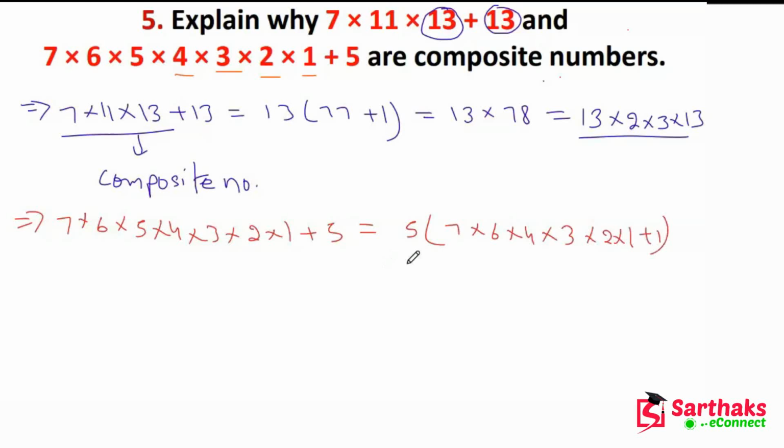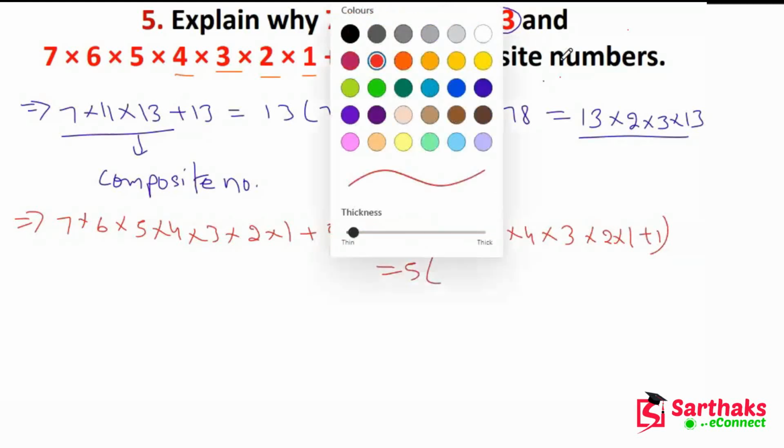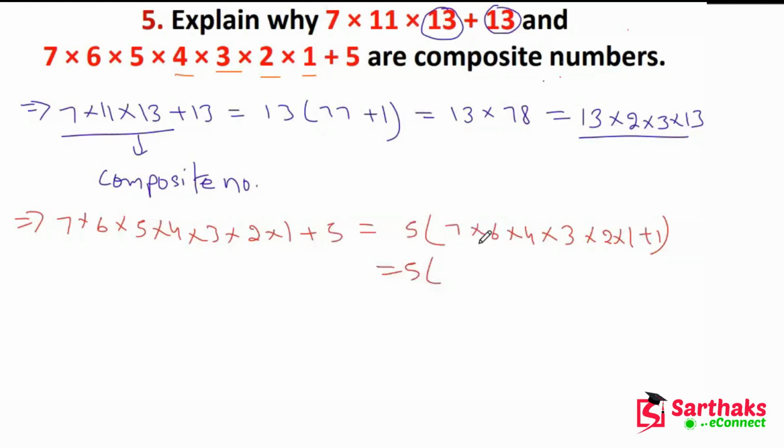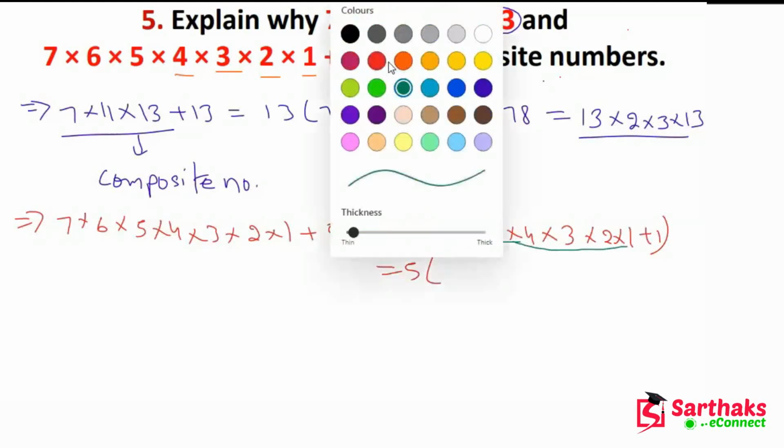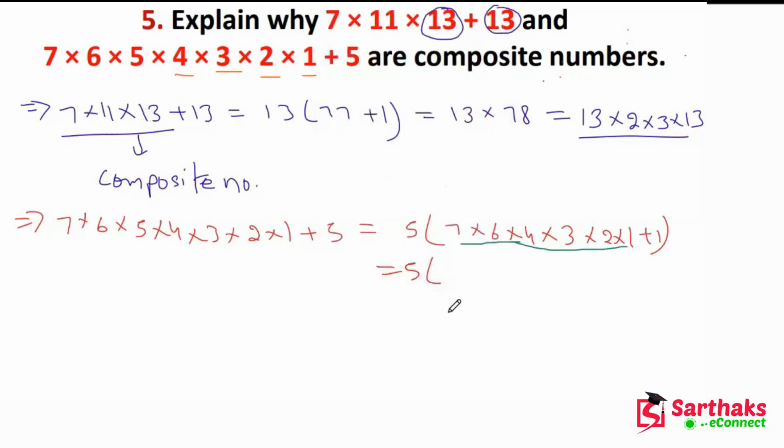Okay, now 5 into, if we multiply this number, we get 1008 plus 1.